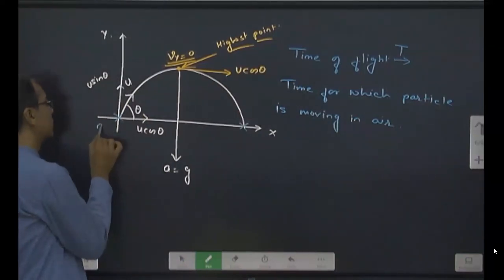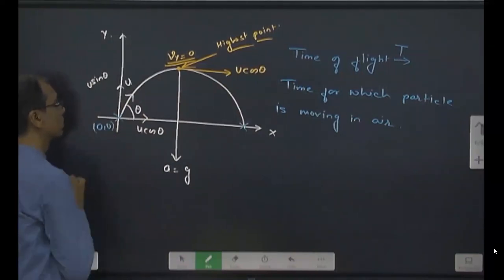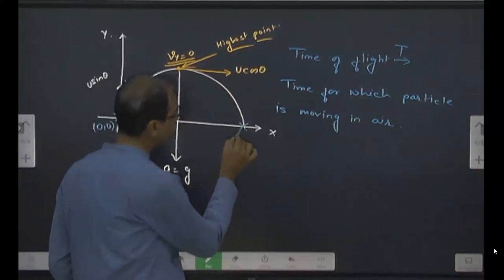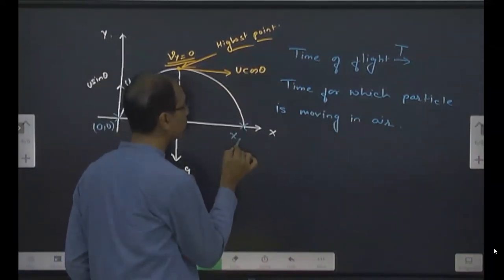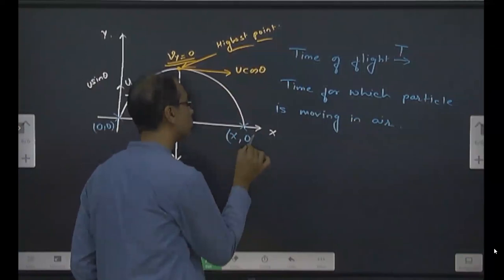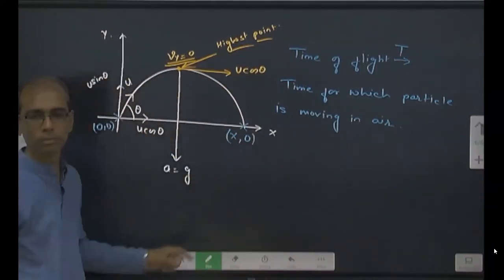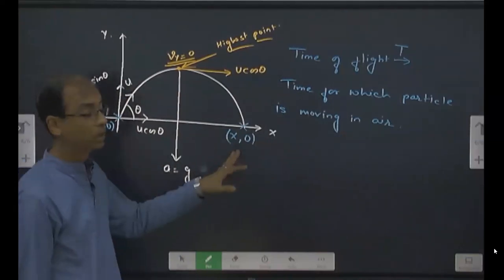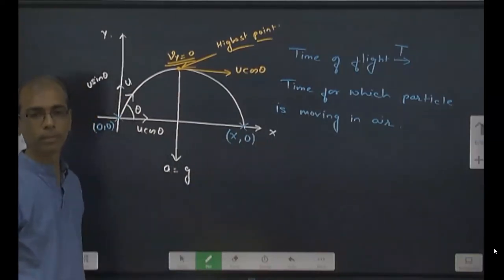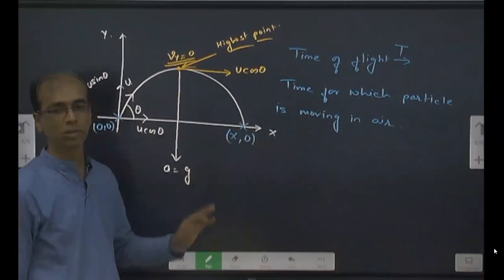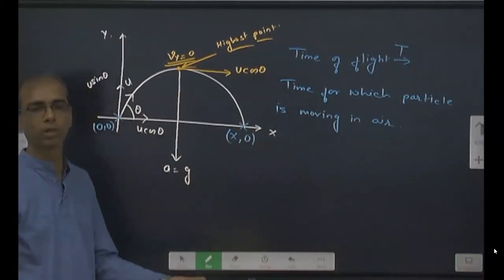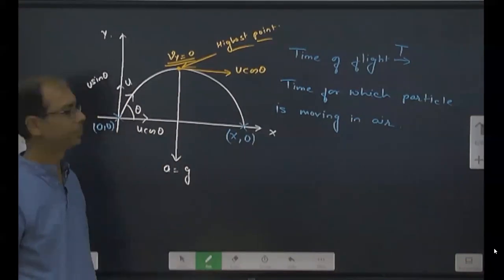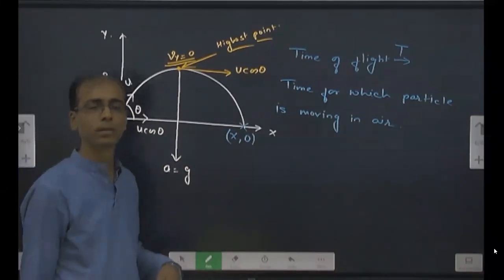If I say that this is origin, 0, 0. Then here also its vertical coordinate or y coordinate is still 0. X coordinate is there, but y coordinate has become 0. Here also 0, here also 0. Why? Because both are on the ground only. So on the ground, y coordinate is 0. What does that mean?